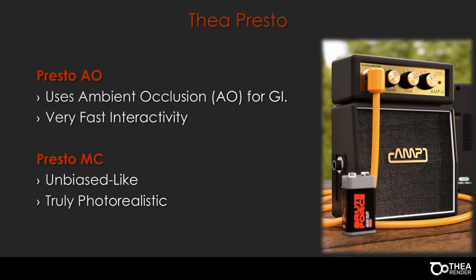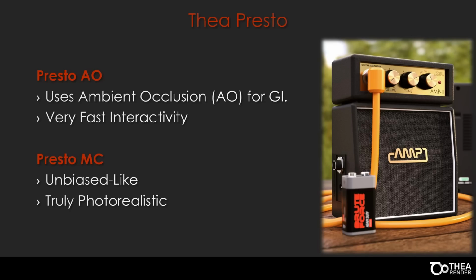Presto MC, on the other hand, can be considered as an unbiased-like engine, and by that I mean that it uses the logic of an unbiased engine, but with extra tuning that reduces render time but also adds bias in the final result. To reduce bias, we can increase the tracing depth of the engine. You can also create truly photorealistic images, and this is due to the fact that it has an unbiased-like nature.